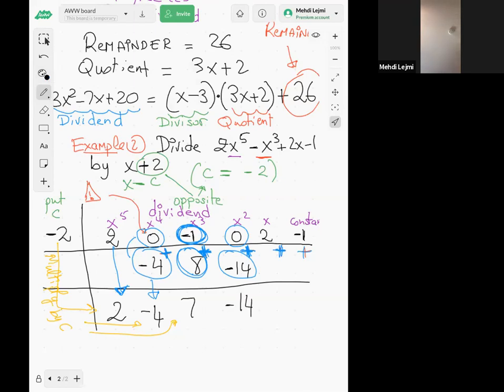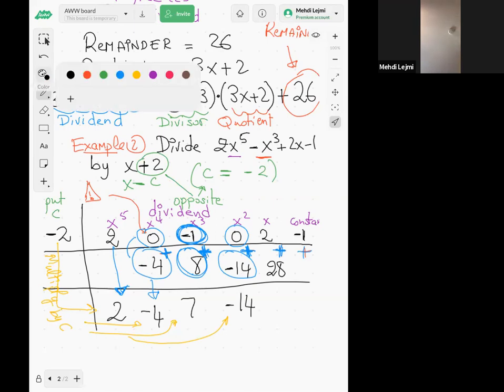Okay. Next, I'm gonna multiply again by the c. So -2 times -14, that will be +28. So next column, I'm gonna put +28. And then I'm gonna add this 2 here to the 28. So 2 plus 28, that will be 30. So here, I'm gonna put 30.